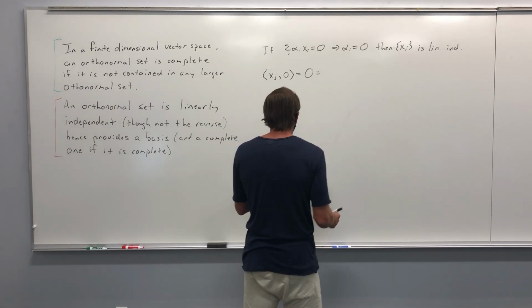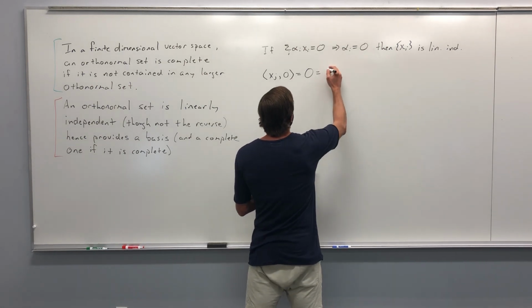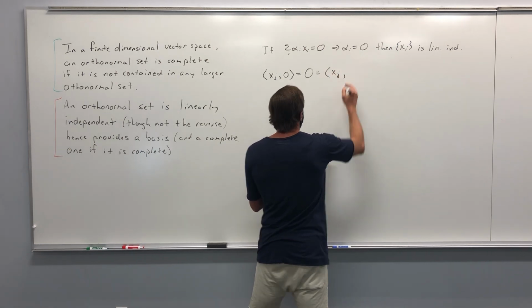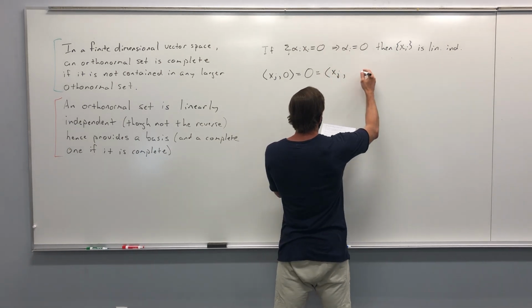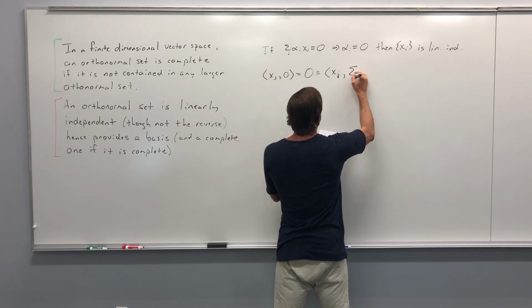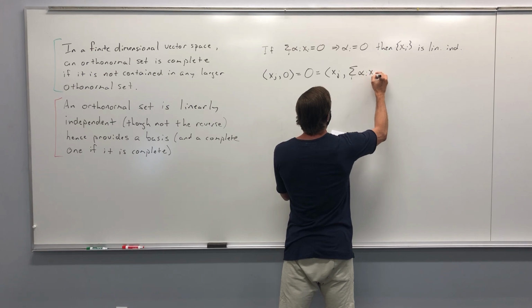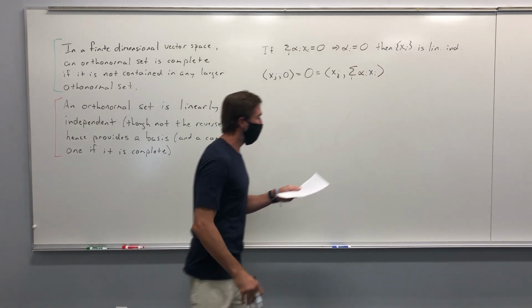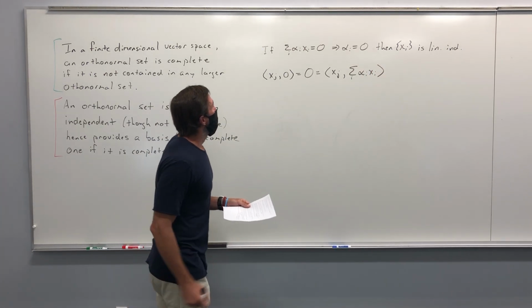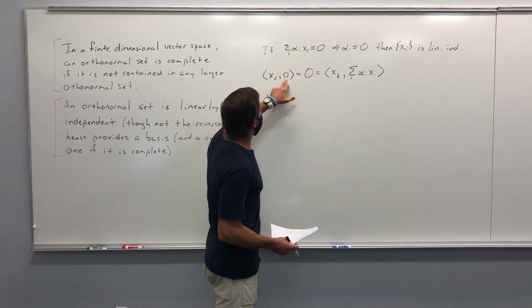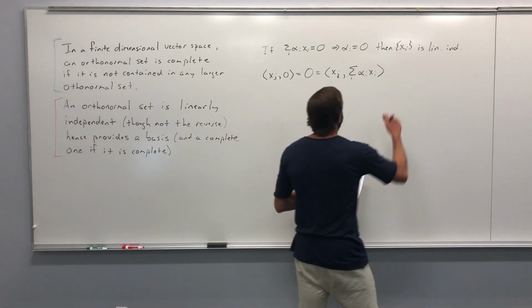Oh yeah. Okay, so let's suppose that I am taking the inner product of xj with not just 0, but the sum of alpha i xi. So what I'm doing is I'm starting off with this, and I'm saying if this is 0, then what does that imply?